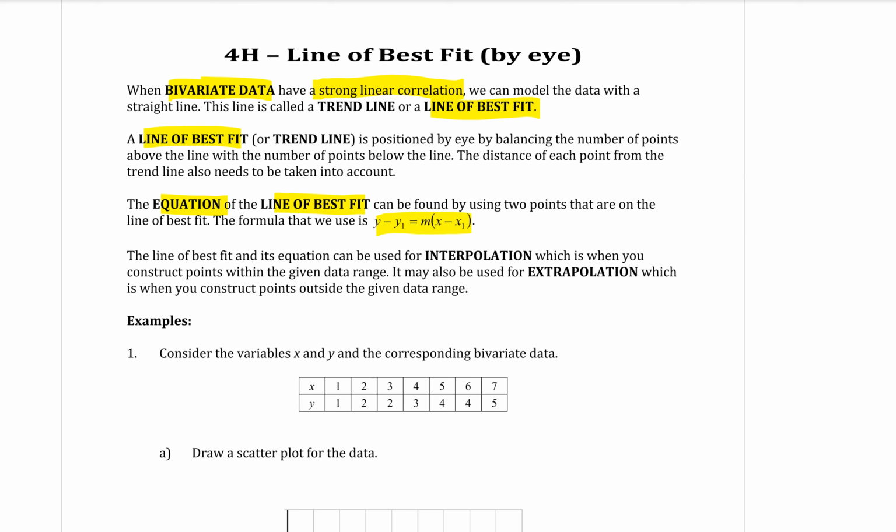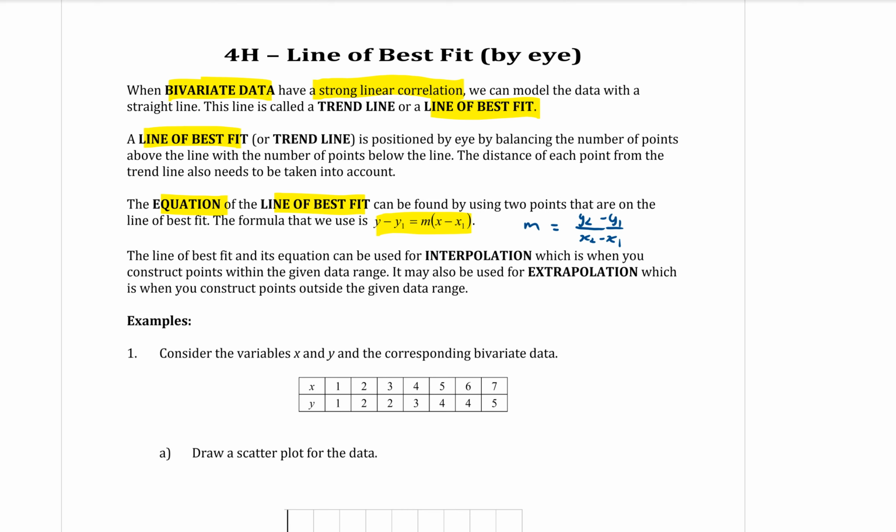Everyone remembers that formula from our last topic? Yes? It means that you'll also need to find the gradient, so you'll probably want this one as well: y2 take y1 over x2 take x1. So let's find the gradient first and then use the point gradient formula to find the equation.